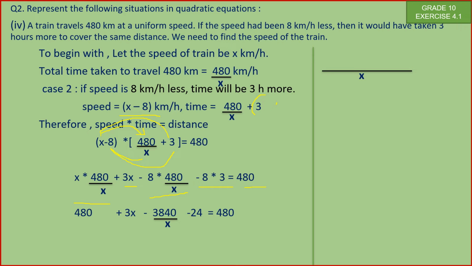So we know that this x and x will get cancelled out. So we have 480, then plus 3x, then minus 8 multiplied by 480, which is 3840 divided by x, minus 24, which is equal to 480.